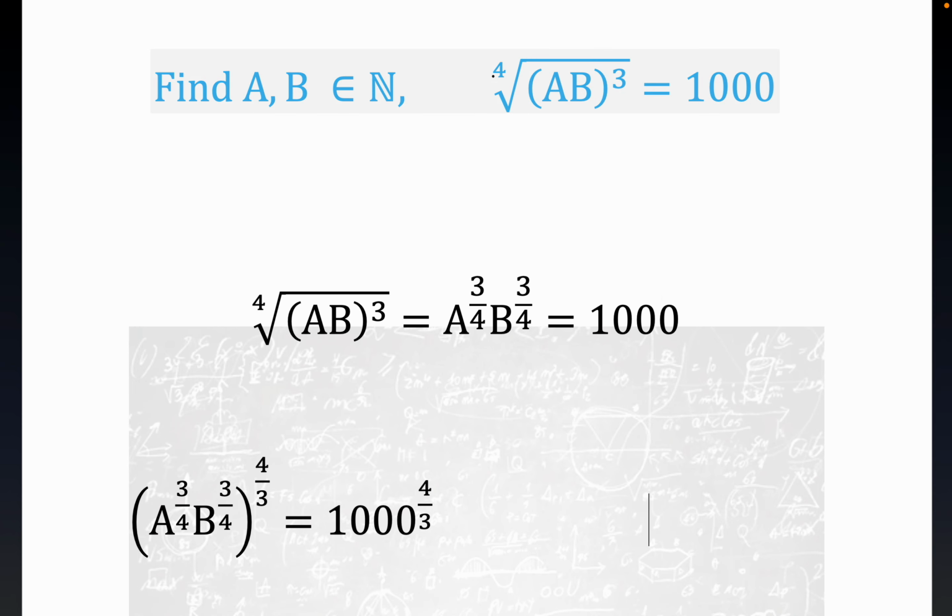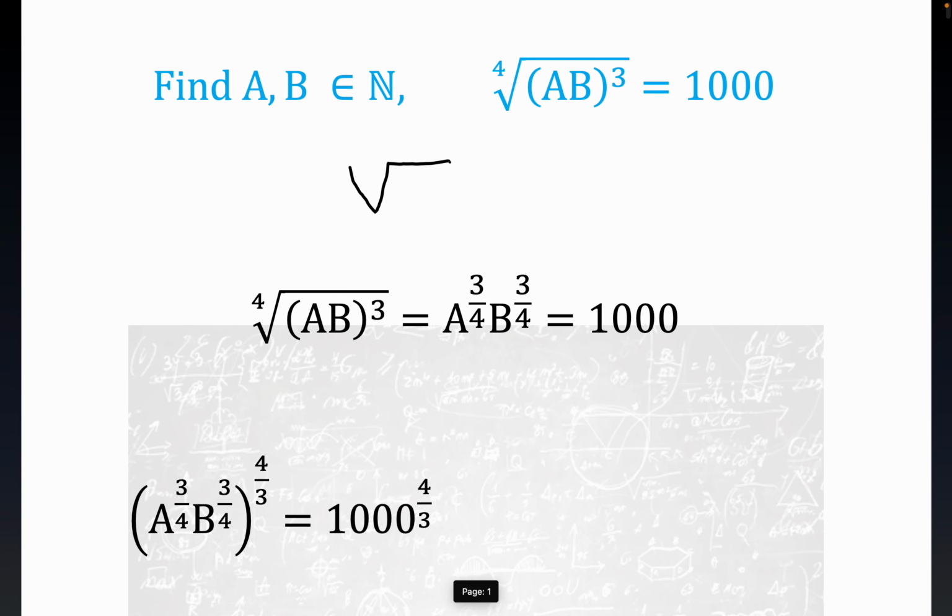We have a radical equation here with a natural number solution. Now let me just write down, briefly, the connection between rational exponents and radicals. Say n is the index of the radical, and x to the m.